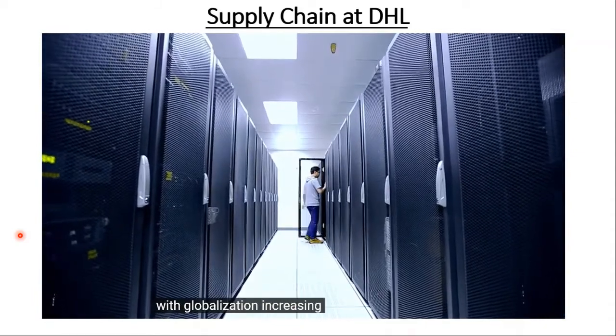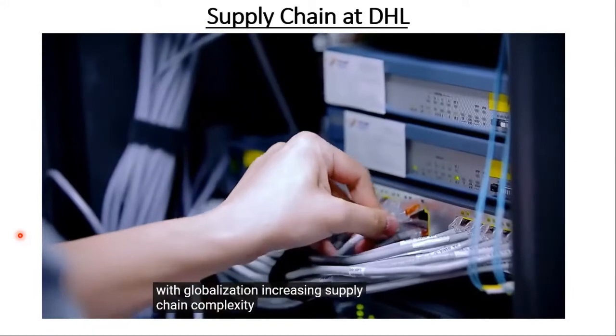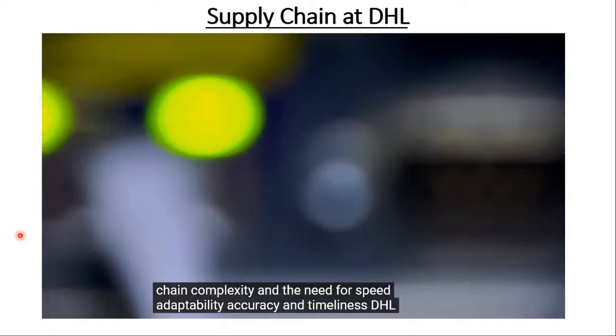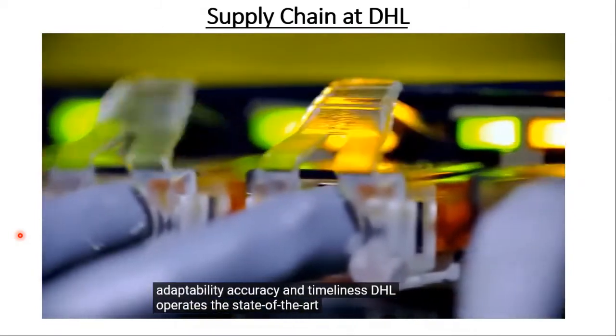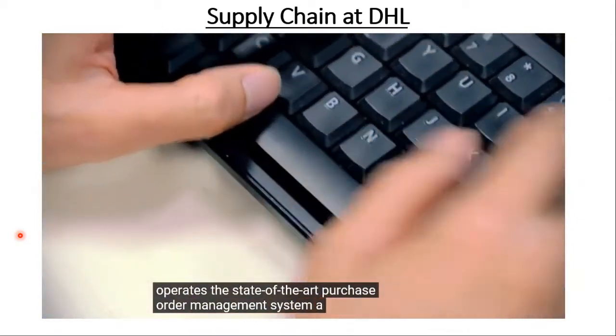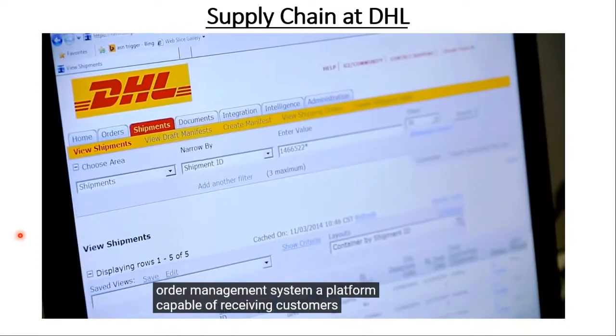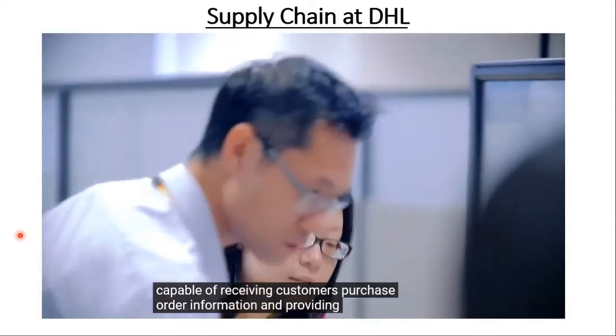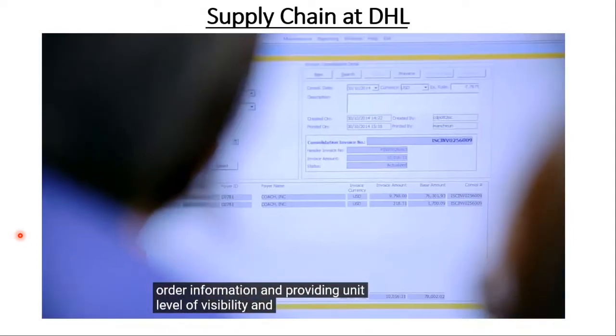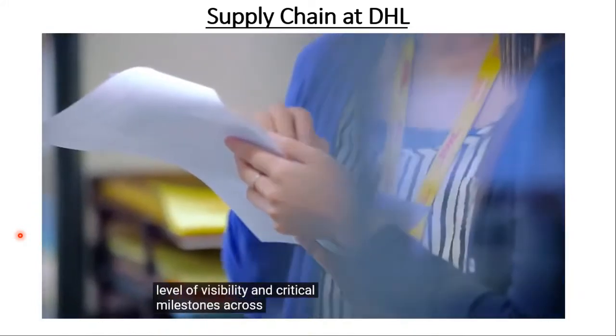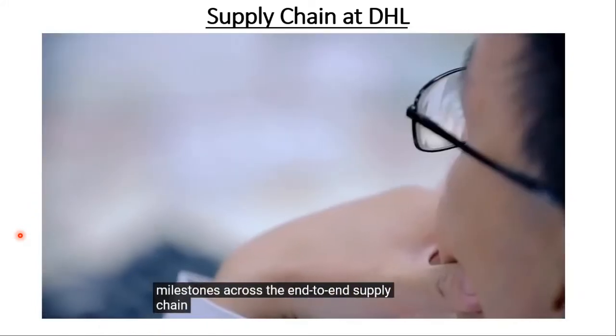With globalization, increasing supply chain complexity and the need for speed, adaptability, accuracy and timeliness, DHL operates the state-of-the-art purchase order management system, a platform capable of receiving customers' purchase order information and providing unit-level visibility and critical milestones across the end-to-end supply chain.